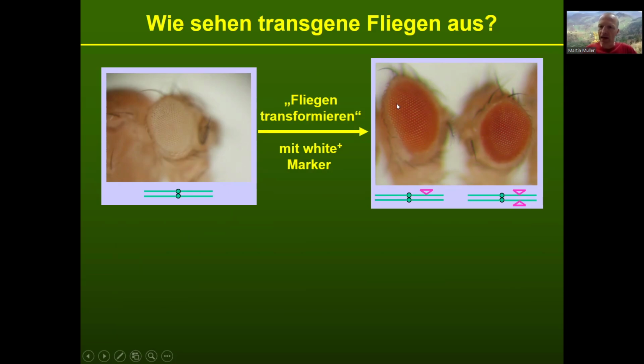If you see a fly like that, you have your transgene insert. If you have two copies of the same, after you have crossed them, of course, you make a homozygous stock, and you can see that the eye pigmentation is clearly darker than the heterozygous insert, and this indicates to you that the white gene is dosage dependent. You get darker eye color if there are two copies of the white gene.